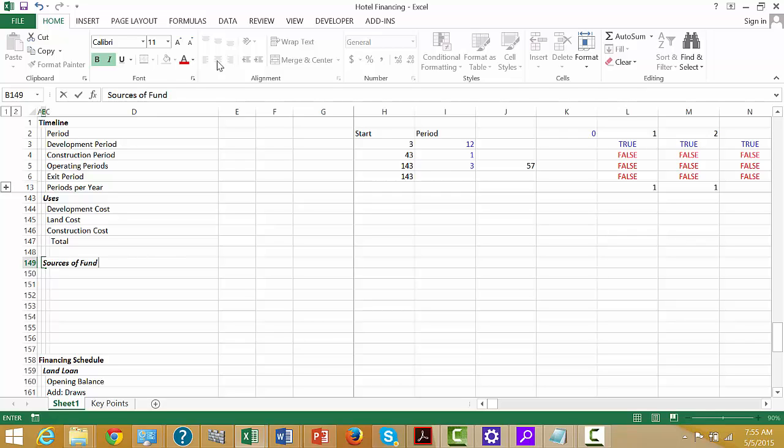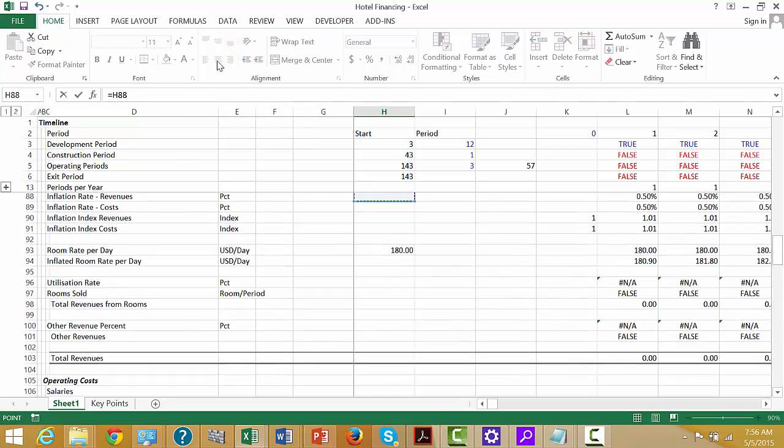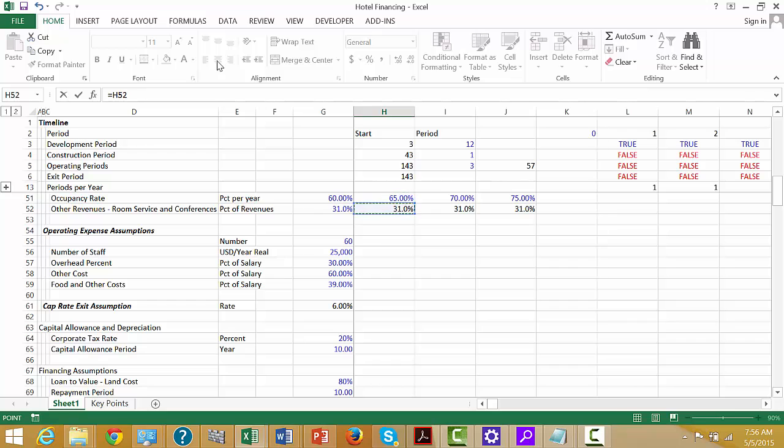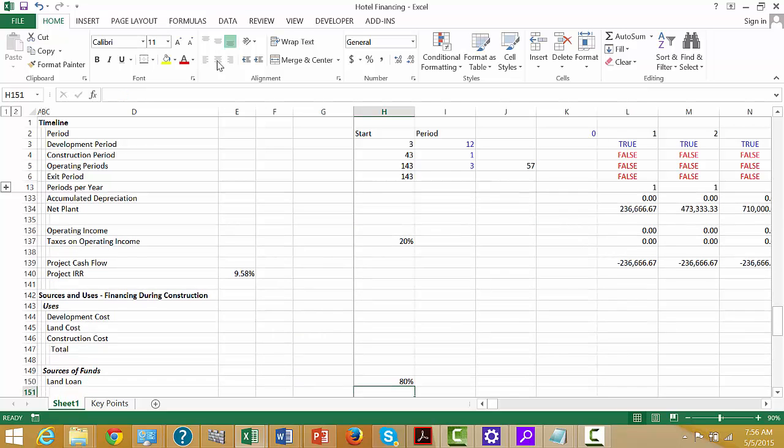When we go to the sources of funds, let's put first the land loan, and that's going to be 80% of our land cost.